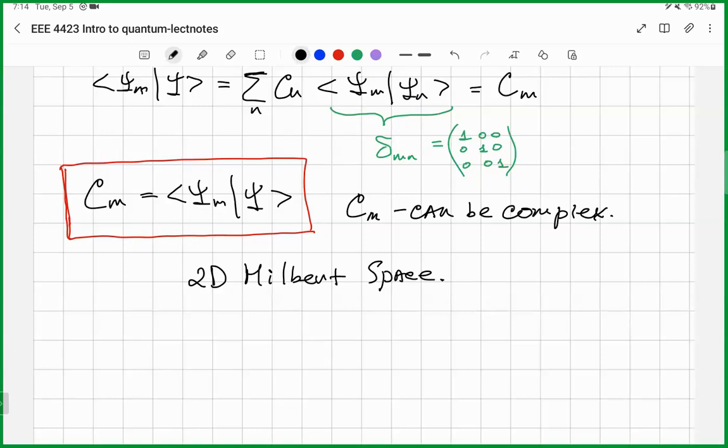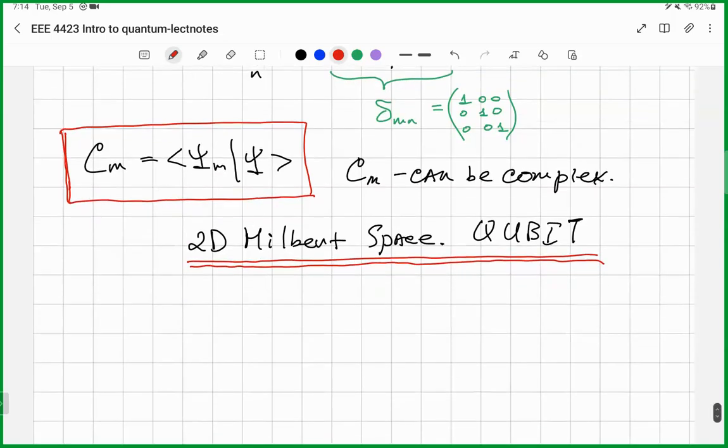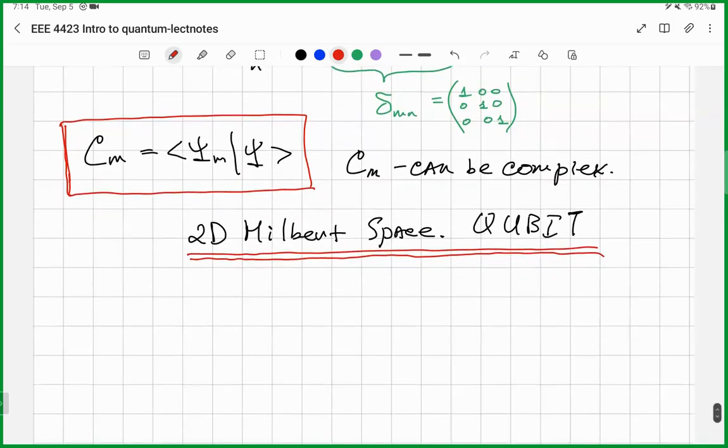And let's put qubit here, because a vector in the two-dimensional Hilbert space is already a qubit from the mathematical point of view.